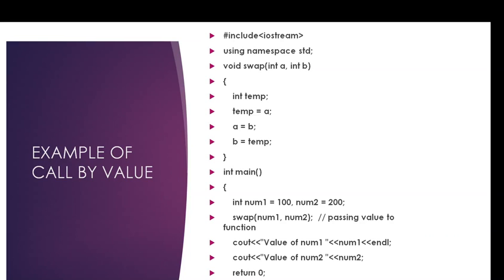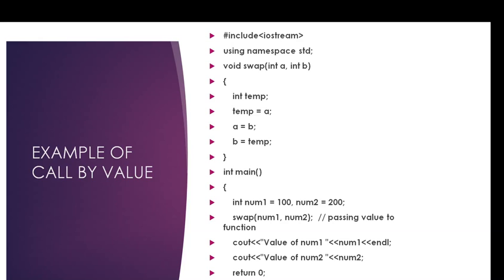Since we passed the variables itself, the values of the function parameters a and b became equal to the respective values of the function arguments num1 and num2, that is 100 and 200 respectively. So basically in this program, the values of a and b got interchanged, but not of num1 and num2.